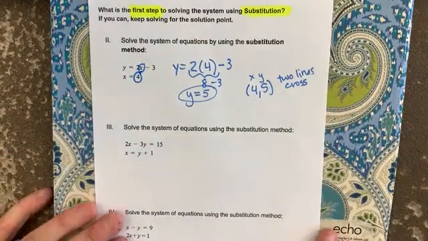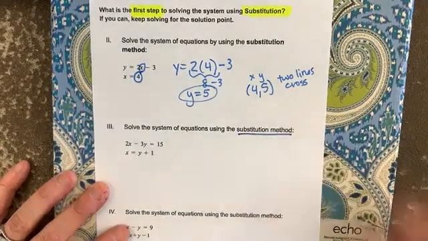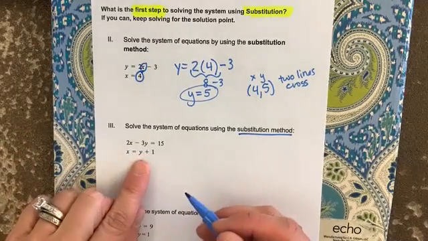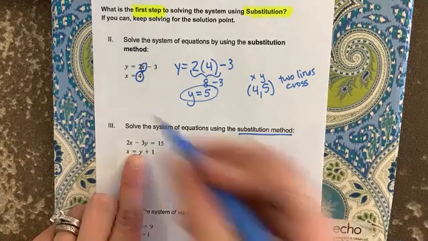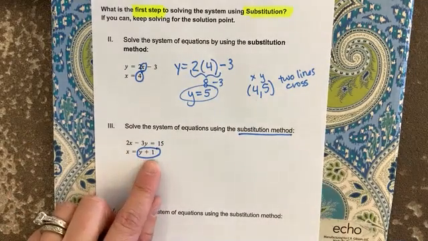Now let's look at number 3. We're using substitution method. One of the equations has to say y equals or x equals. Which one does? The bottom one. It says x equals y plus 1. Since x equals, you have to circle everything that x is equal to: y plus 1. Circle that whole thing right now.